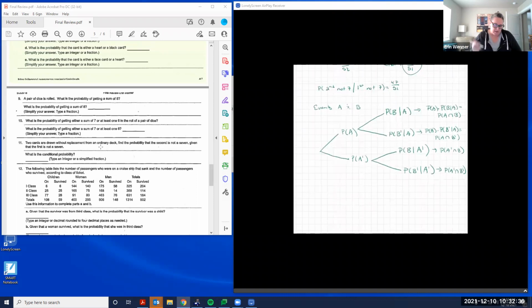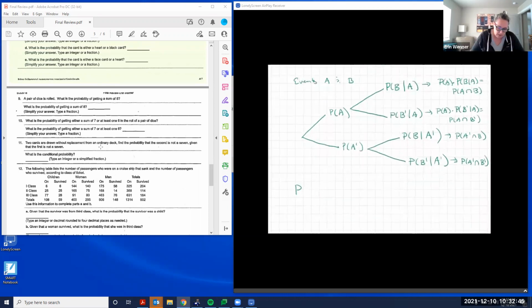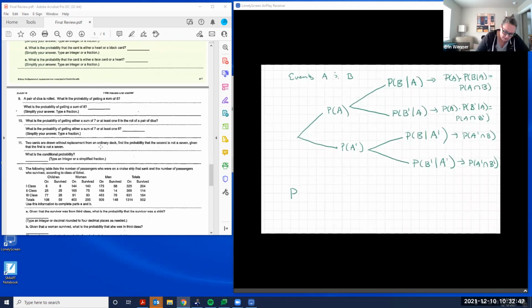So now this is going beyond what this question is asking, I just want to review all of this. If we wanted to find the probability of A happening in this situation, we'd have to add up the probability of A intersecting B and the probability of A intersecting not B, because those are both the events that have A happening in them.